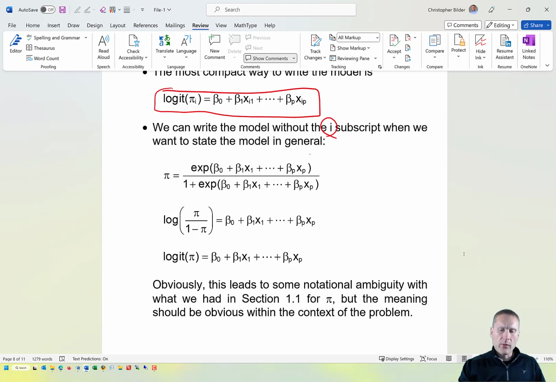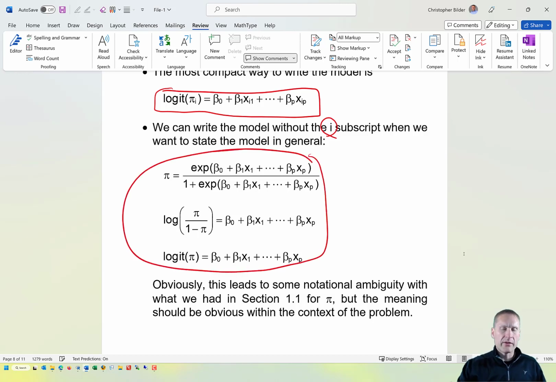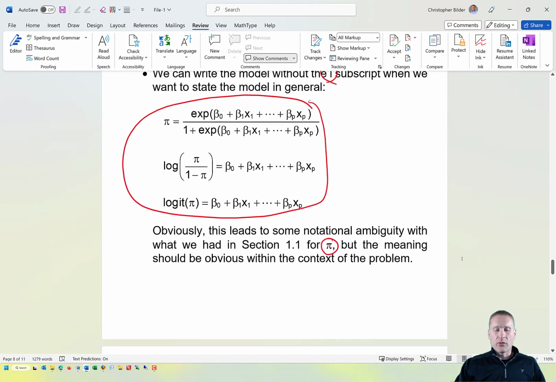And so we can rewrite the model one of 3 different ways without that i subscript. Note though that this leads to a little bit of notational ambiguity with what we had earlier in my book, in my notes, where we just had pi itself. But I think in the context of what we're doing, it's always going to be clear that pi is now essentially a function of some explanatory variables.